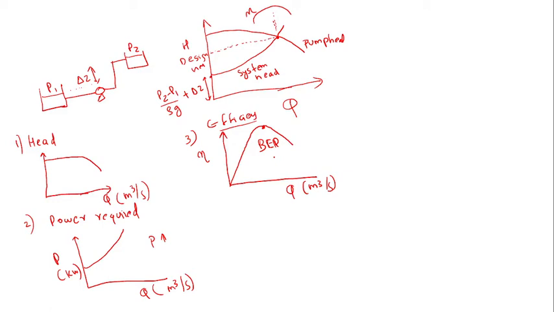And the efficiency is given by the power transferred to the pump by the shaft, that is, the power delivered by the shaft. Efficiency is given by power transferred to liquid divided by the shaft power.